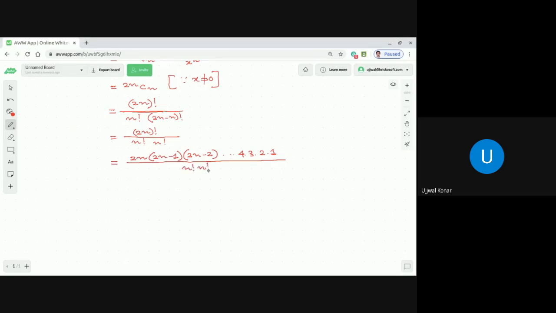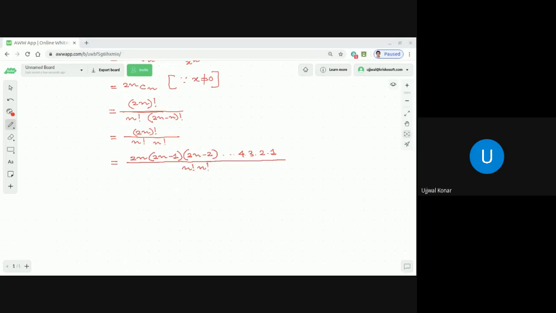Now, what is our target? Our target is to make the numerator 1 into 3 into 5 into up to 2n minus 1. Correct or not? So we just want to rearrange the numerator. How are we going to rearrange it?